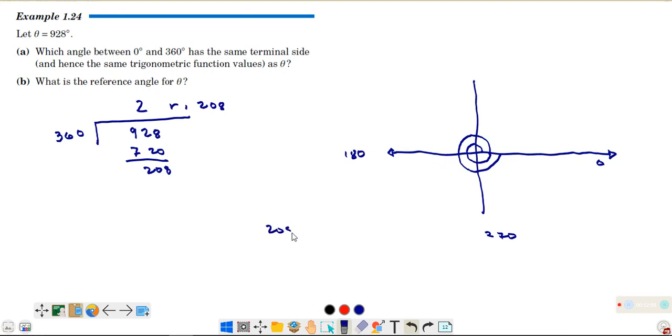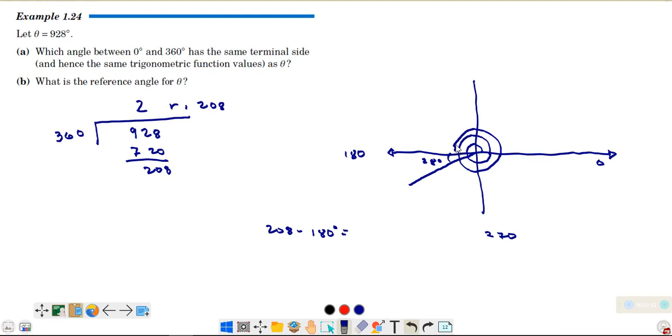So, 208, bawasan natin siya ng 180 degrees. So, 208 minus 180 is 28 degrees. So, from 180, drawing lang tayo ng about 28 degrees.